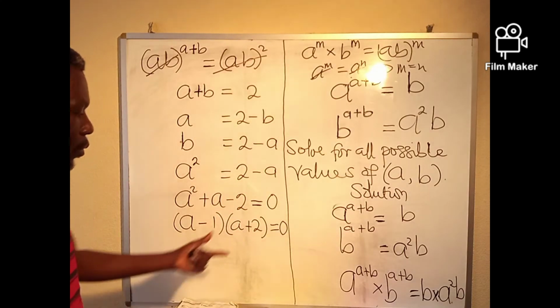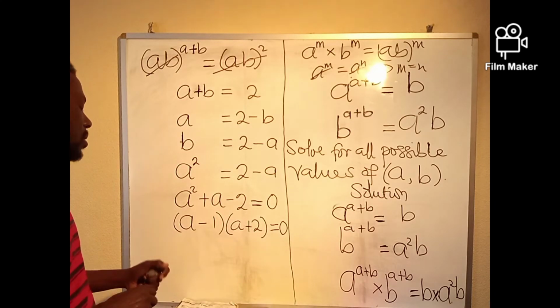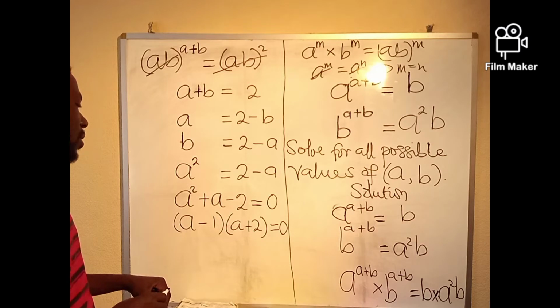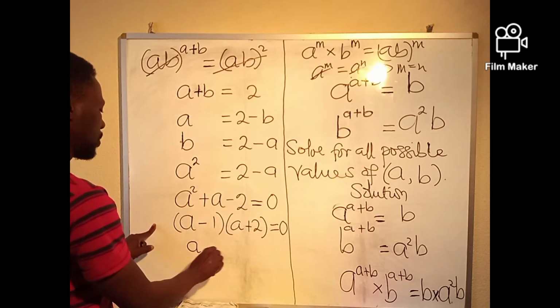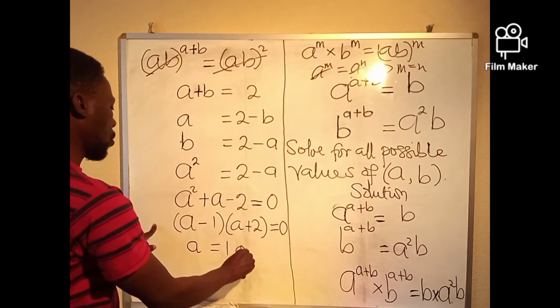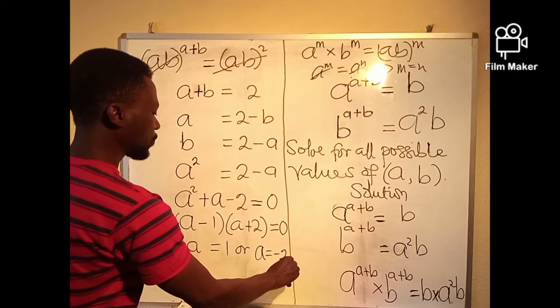So we use the zero property, or the zero factor property, as we know in solving quadratic equations. So it follows that we have a equal to 1, or a equal to negative 2.